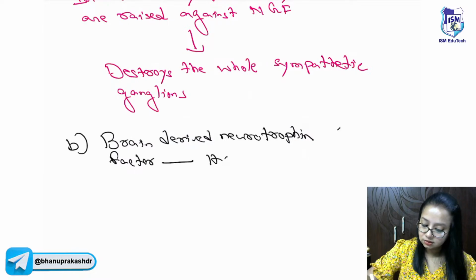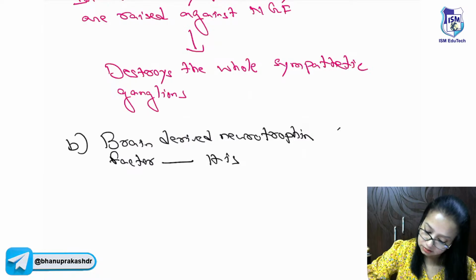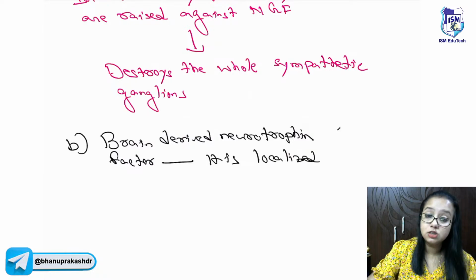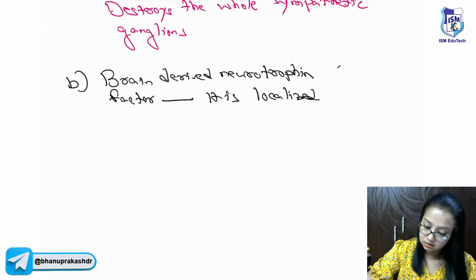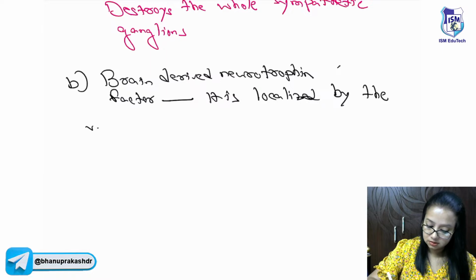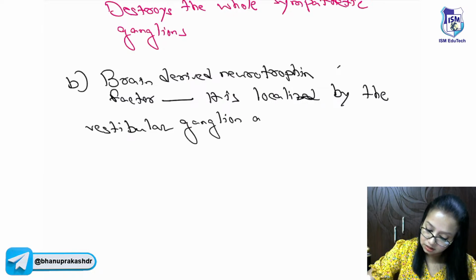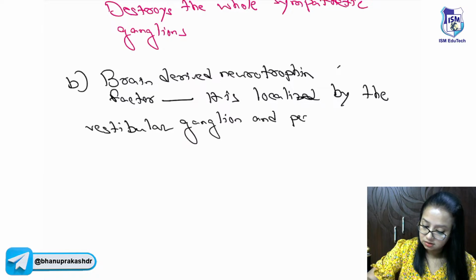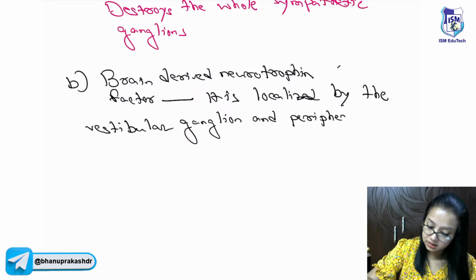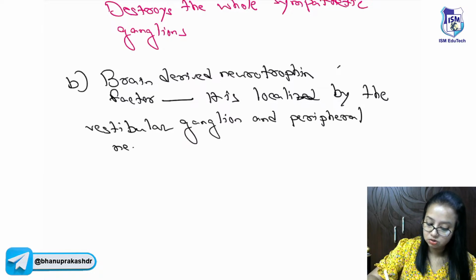It is localized because it is used mostly by the vestibular ganglion and peripheral neurons.